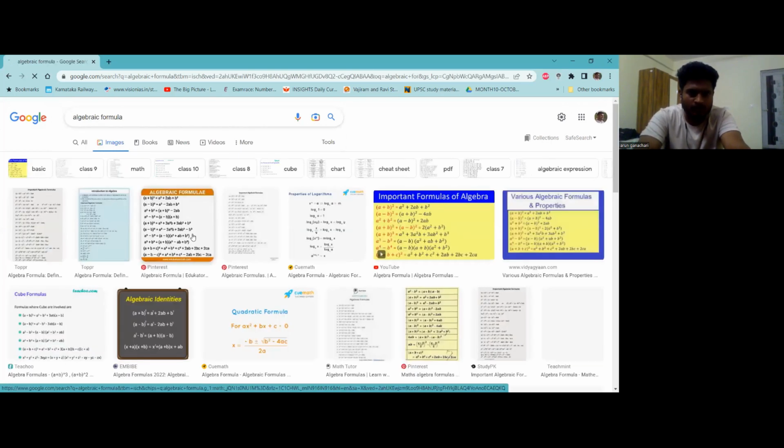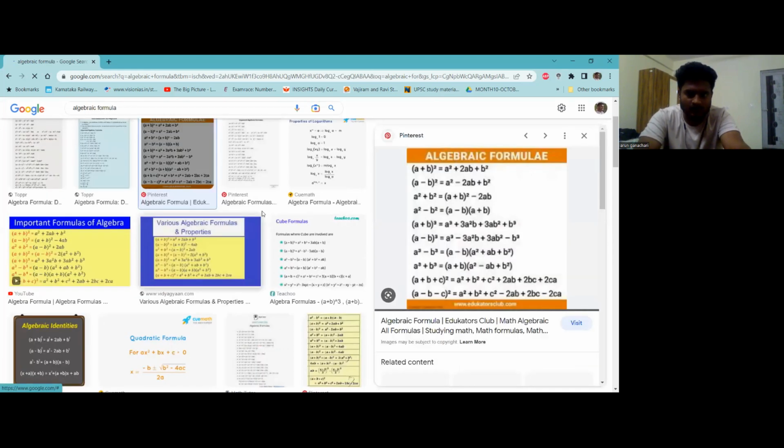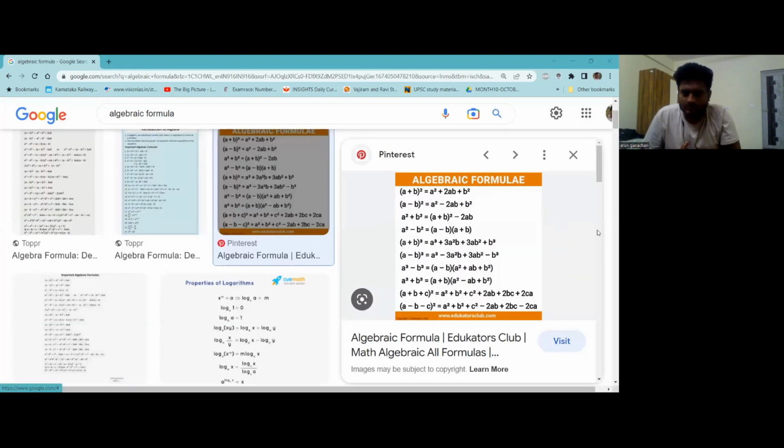Copy all the formulas which are visible on the screen. And before you come to the next class, learn all of this. If you are studying in a room or a hostel or your home, write all these formulas on a sheet of paper and attach it where you study.